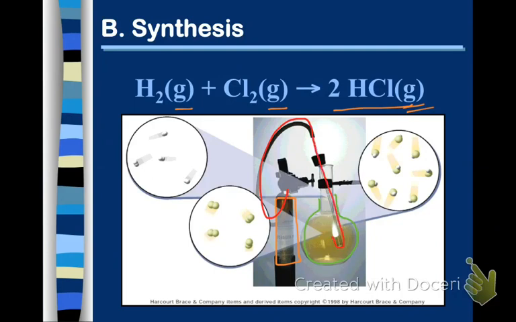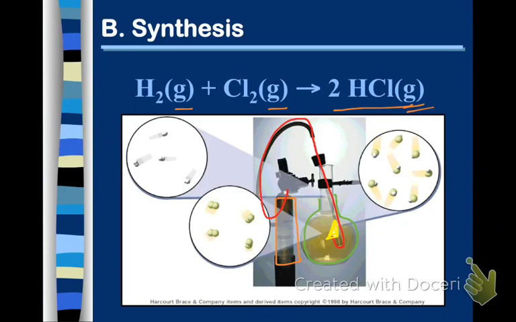Now, that part where the hydrogen gas and the chlorine meet, notice there's a flame right there. And that flame is just saying it gives off a lot of energy whenever these two get together. But they do react together spontaneously, and it gives you hydrochloric acid, but it's going to be in a gas phase.